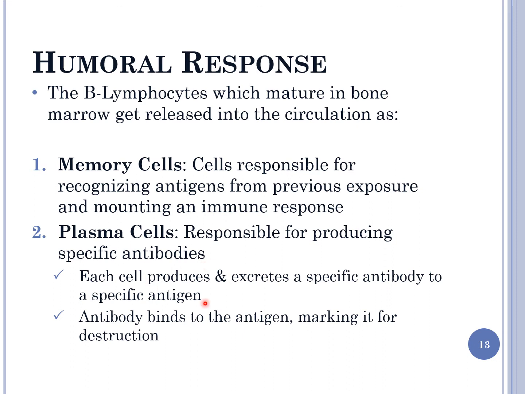So each cell produces and excretes a specific antibody to a specific antigen. The antibody binds the agent, marking it for destruction. All right, so this is all considered a humoral response. It's a very specific response. Antibodies are produced. It has memory cells that remember particular antigens, and then they mount an immune response with that.